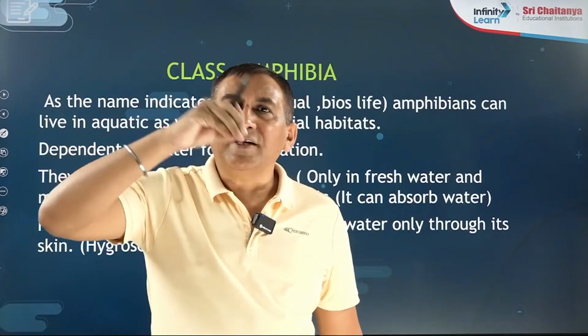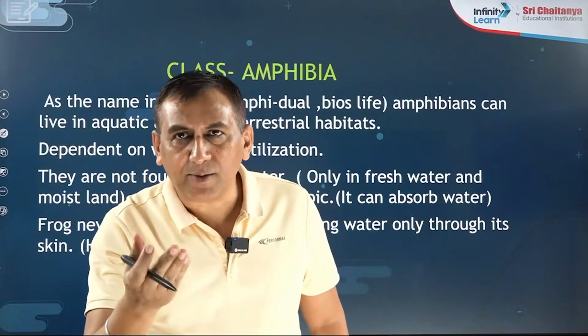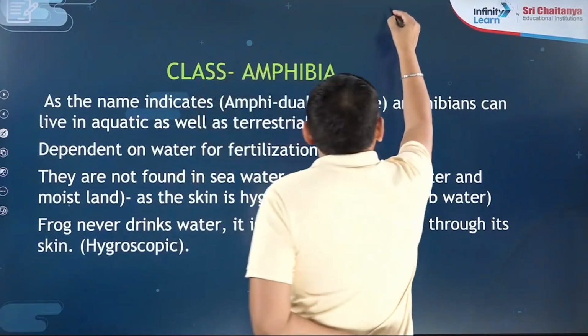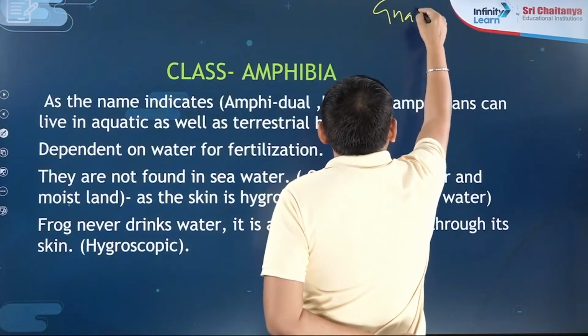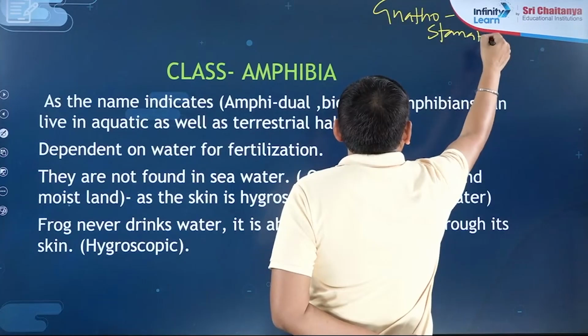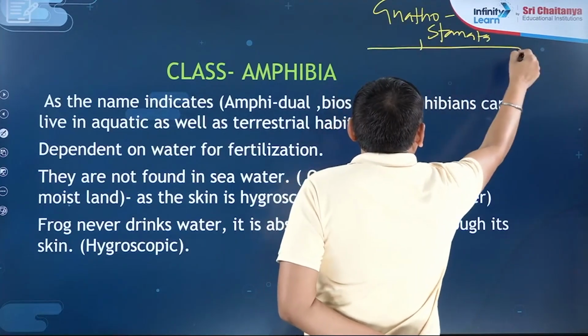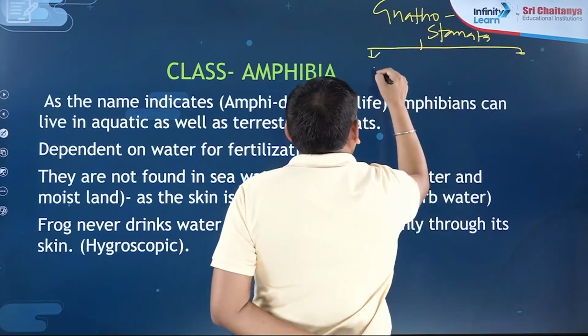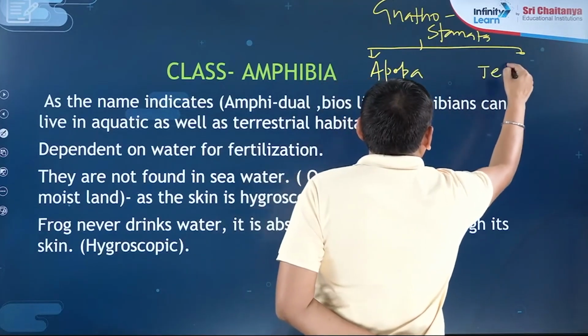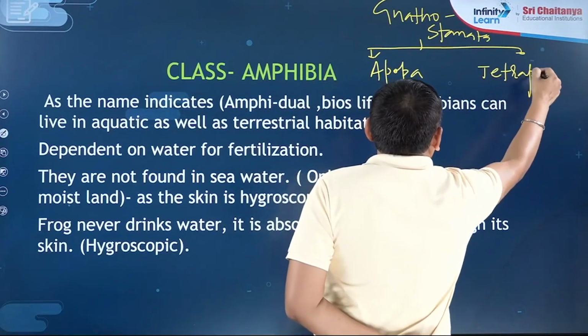There are two groups: one is the apoda, one is the tetrapoda. A means absent, poda means limb. See, this is the gnathostomata. Gnathostomata is divided into two: one is the apoda, one is the tetrapoda.